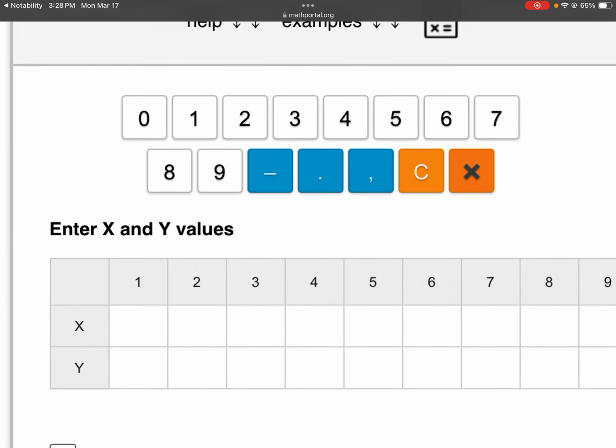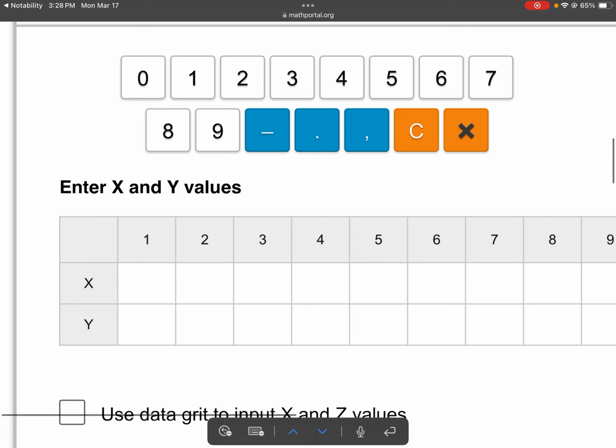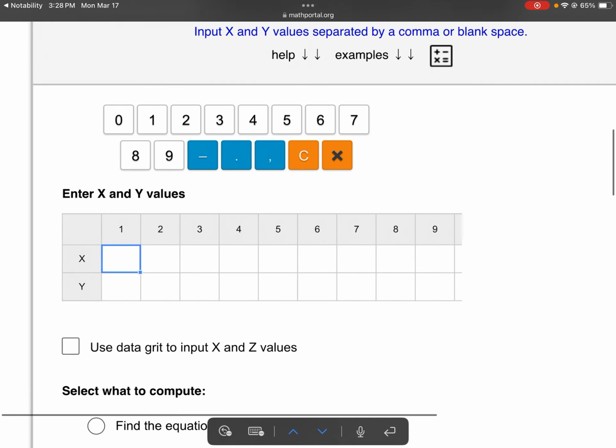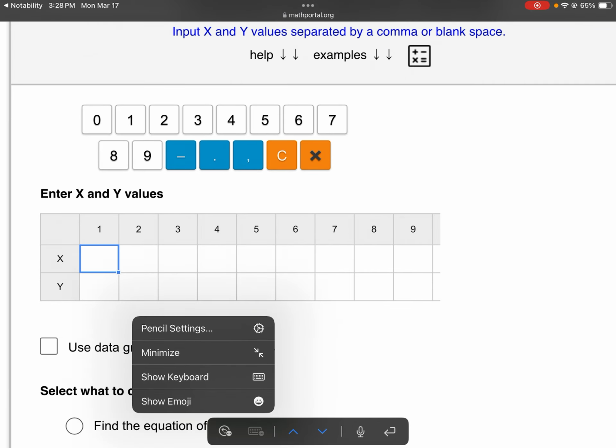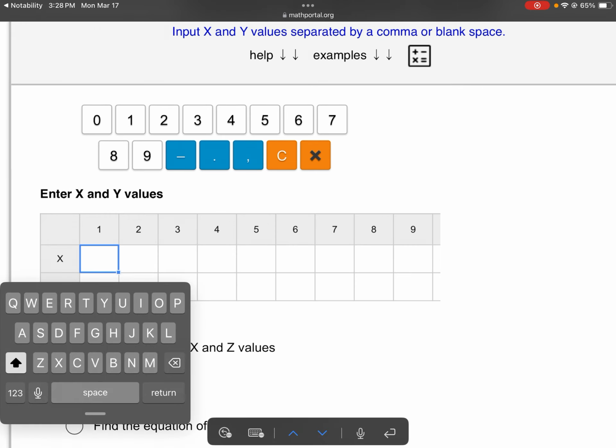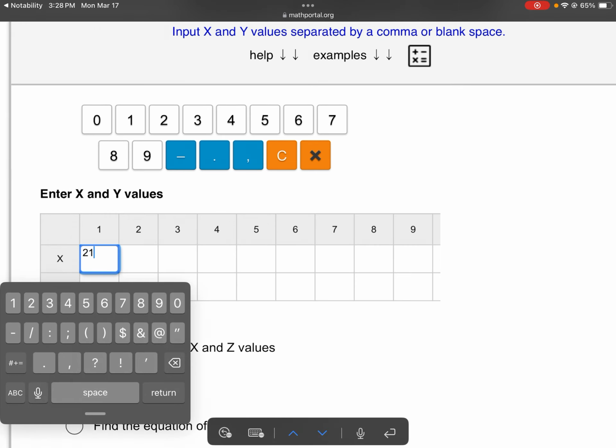Let me try that again. Let me see if this will work. There it is. So I type in 219 for the first box.